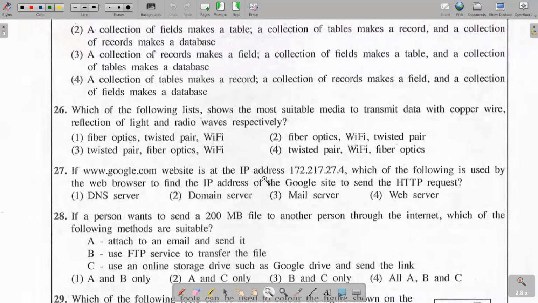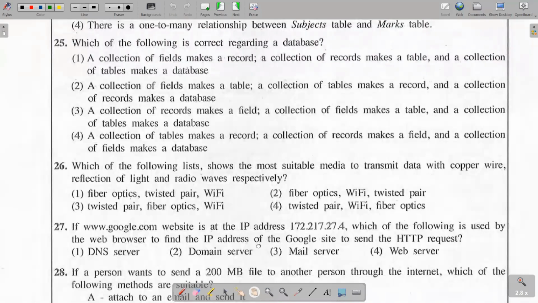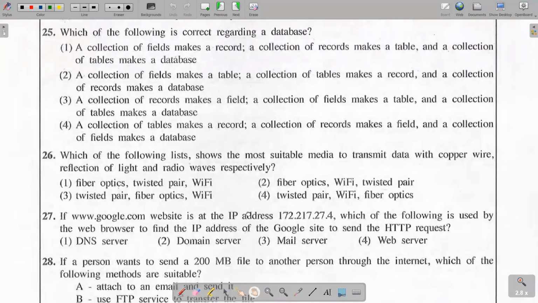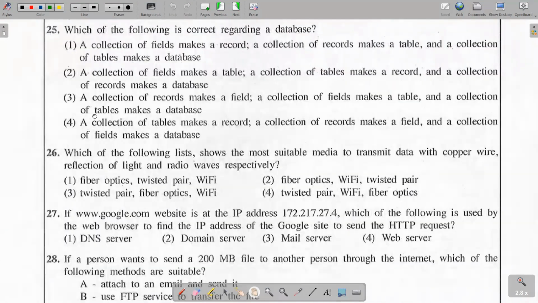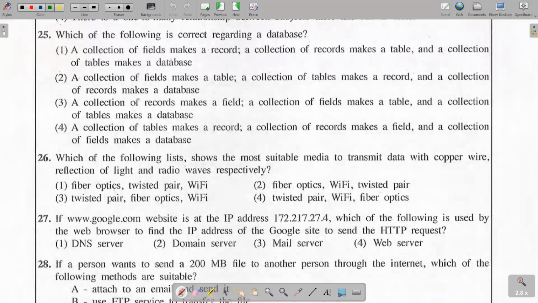So the 25th question. Which of the following is correct regarding a database? A collection of fields make record, a collection of records make table, and a collection of tables make database. Obviously, that's the correct one, right?